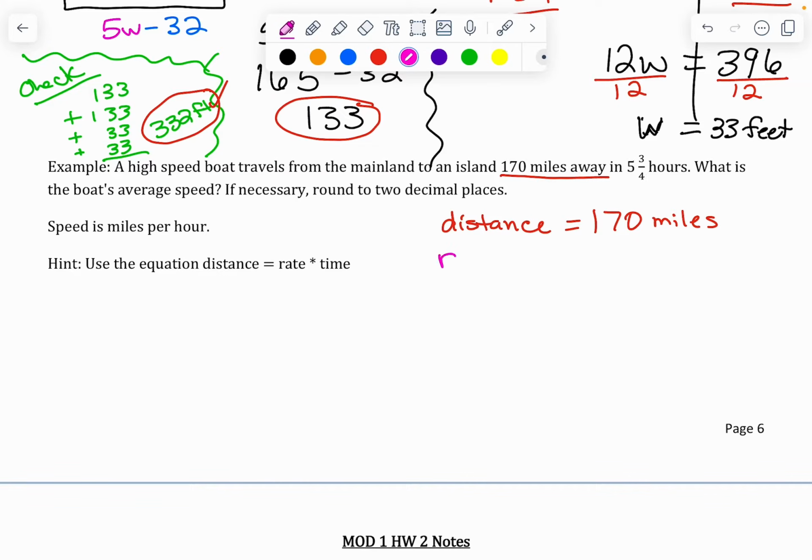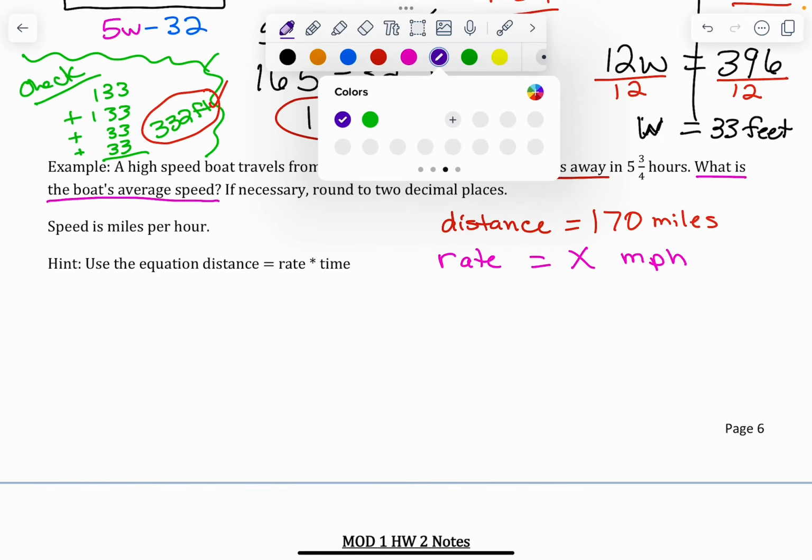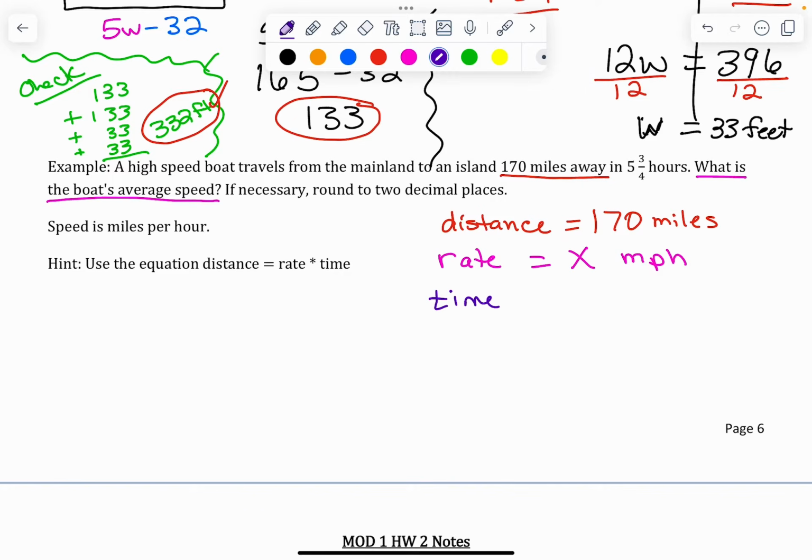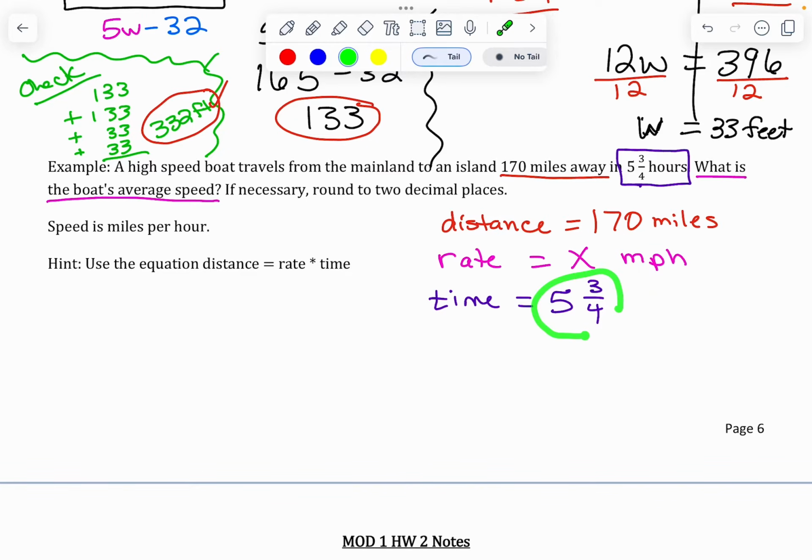Then we have our rate. And since the question is asking what is the boat's average speed, we don't know the rate, but we do know that it's going to be in miles per hour. And then we have time, and this tells us 5 3/4 hours. Now, we don't want to plug in a mixed number here.